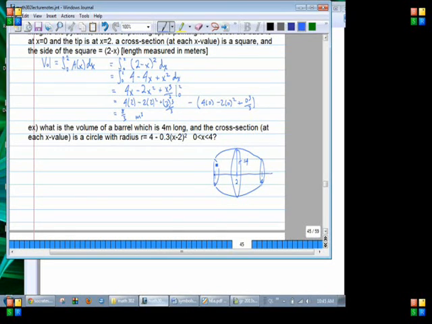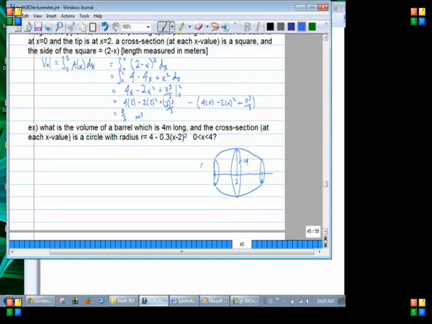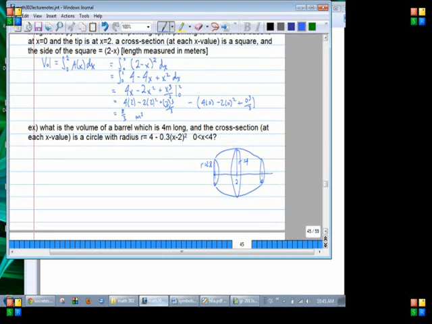So over here, radius equals 2.8. In other words, I didn't lie: you've got a barrel, where the circle is smaller at the end and bigger in the middle. That's all I wanted to convince you of. Of course, I already told you that when I said it's a barrel.